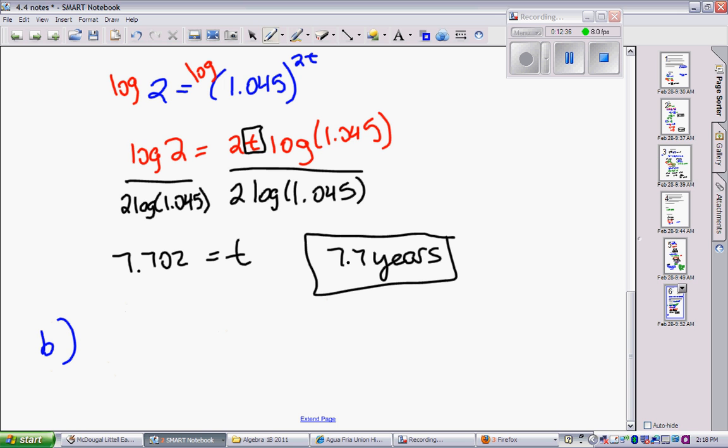If compounded continuously, we still have our principal of 5,000. Now 5,000 e to the 0.09 t equals 10,000. Divide by 5,000.